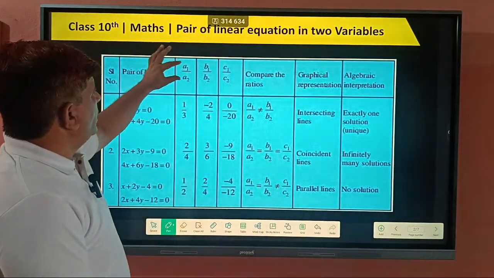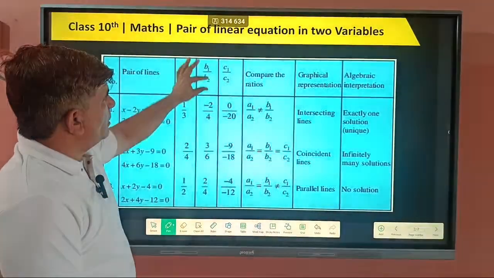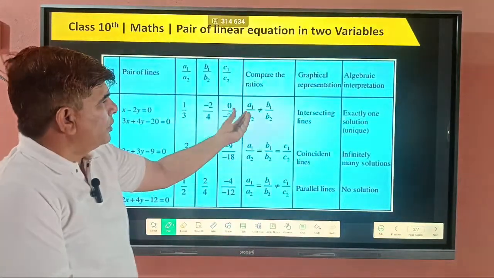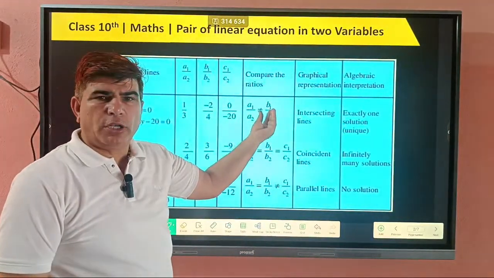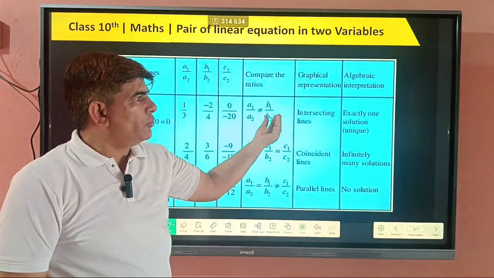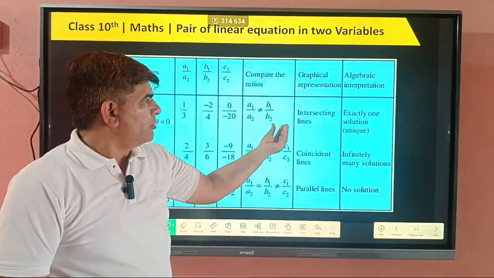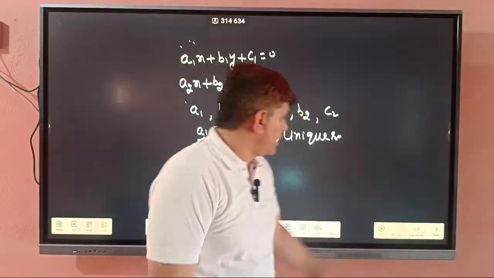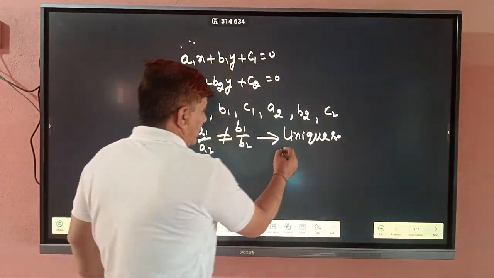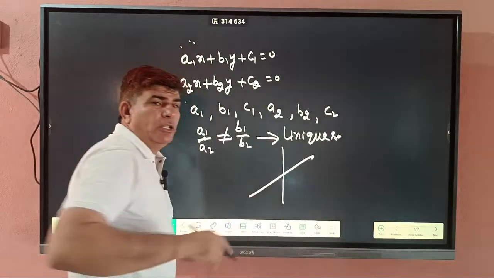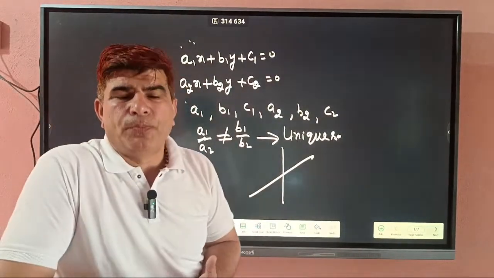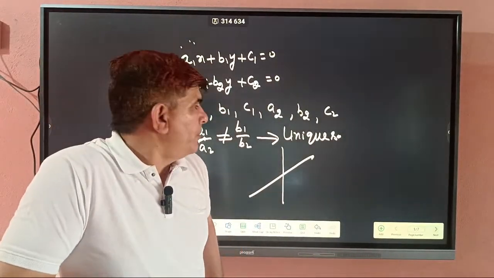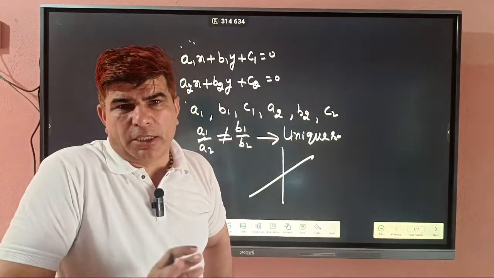Consider a1 by a2, b1 by b2, c1 by c2. If a1 by a2 is not equal to b1 by b2, it means the lines are intersecting. Unique solution, and the lines intersect with each other. You know the graph of a linear equation is a straight line.